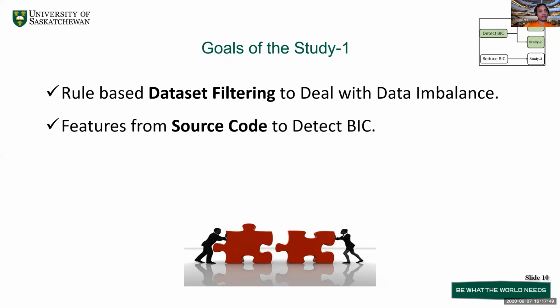If the data set is not properly balanced, we cannot get a good result from training a model with that imbalanced data set. I also wanted to see whether the source code quality metric values contribute to detecting those bug-inducing commits.